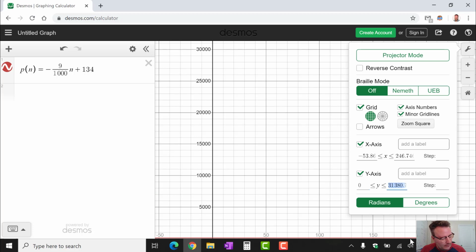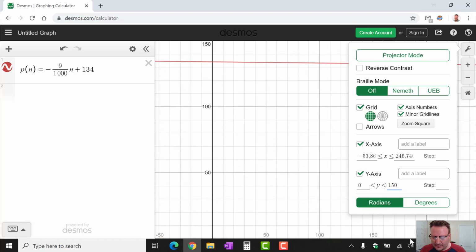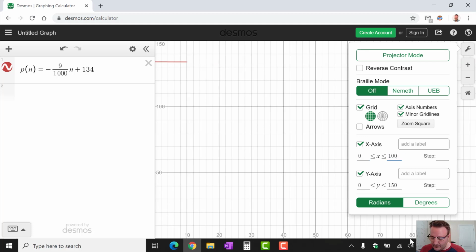We'll go 150 here for price. There we go. I can see the function. Again, I'm making progress. And our x values will range from 0 to, say, 10,000. Okay, there we go. I'm not getting the whole graph, so maybe if I go to, say, 15,000.